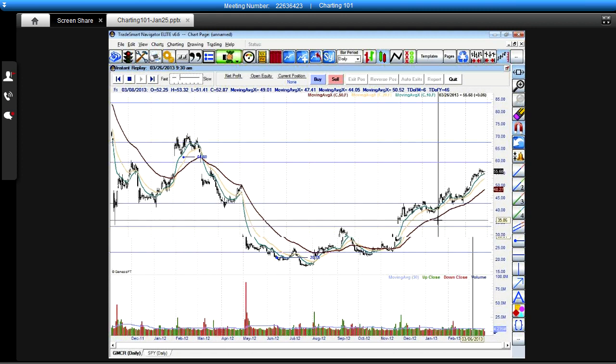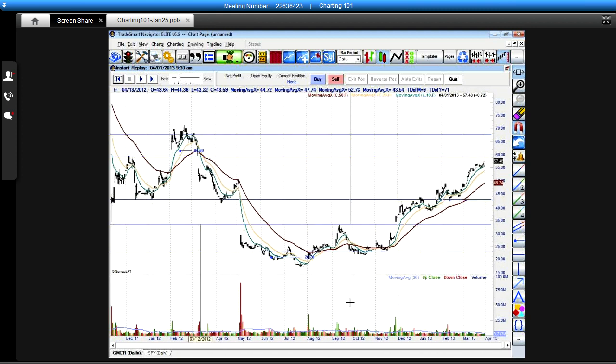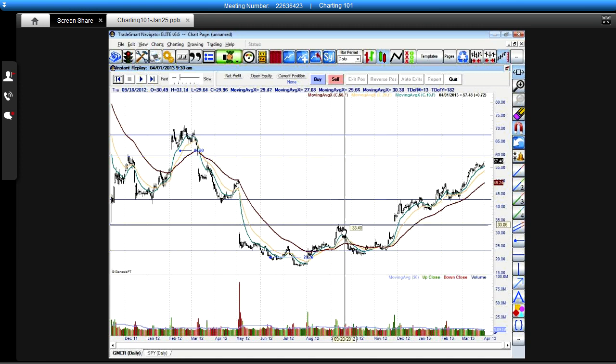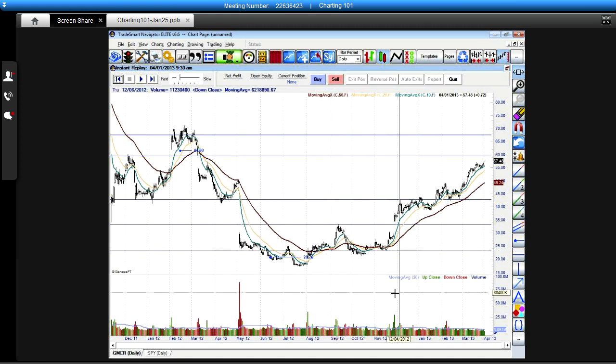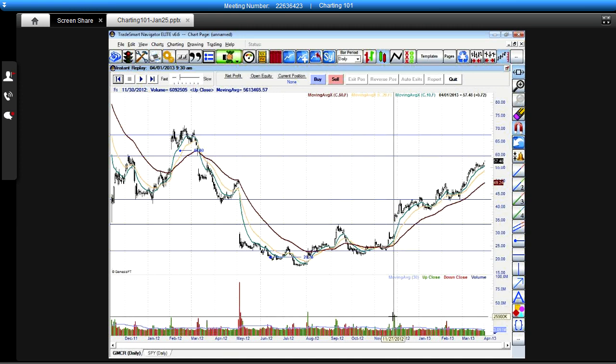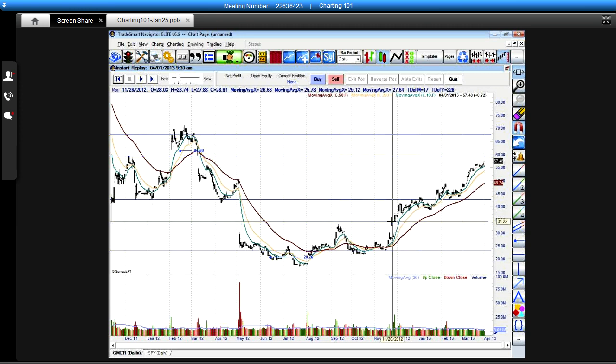And just to point out something too, I talked about volume spikes and breakouts. So you could see here that this was a strong area of resistance. It broke out here, and look at that volume spike right down here, which would have been a good indication, like, hey, this is starting to take off. The moving averages are moving upwards.